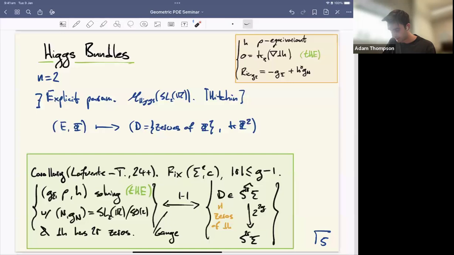On the left-hand side, it's convenient to fix this integer r. Sorry, this should be r as an integer. As you can see, there's an upper bound on how big it can be based on the genus of our Riemann surface. This is the genus of sigma.